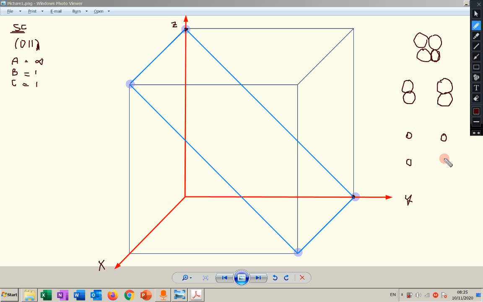Which one represents this plane? We have 3 possibilities. Is it the first one explaining those 4 atoms, or the second one, or the third one?